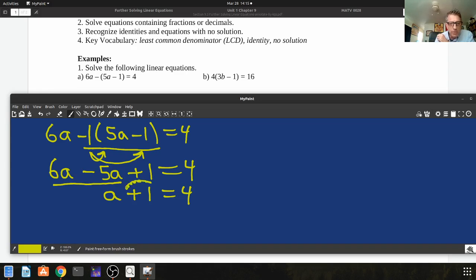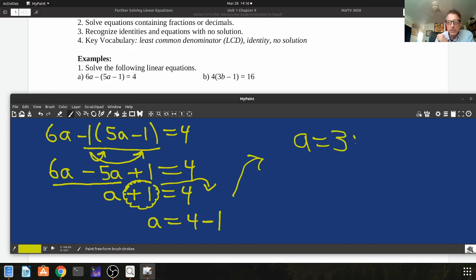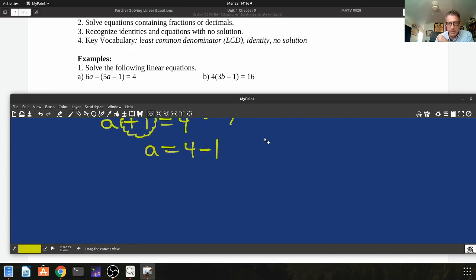So we're going to take the plus 1 and move it to this side, and the price we have to pay for that move is it becomes negative. So plus 1 becomes minus 1. That gives me a is equal to 4 minus 1, which is equal to 3. So that's our answer for the first one. Not so bad. So let's look at the second one. Let me give us more space here.